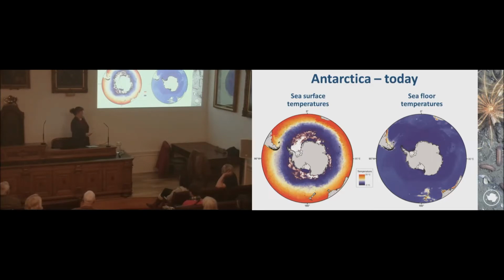So closer to the continent, we have temperatures all year round of about 0 to minus 2 degrees. And in some areas of the Antarctic and in the Antarctic deep water, we have extremely cold waters. You can find waters in the Ross Sea and in the Weddell Sea that are down to minus 4 degrees. In general, you expect those waters to be frozen, but because of the high salinity of these waters and the pressure on them, they are still liquid.